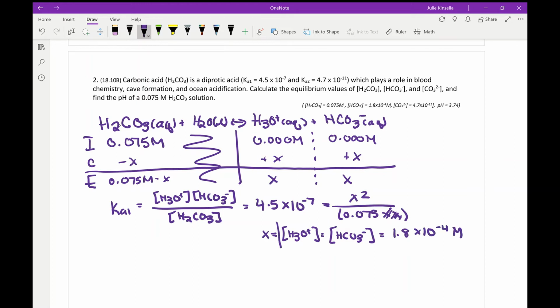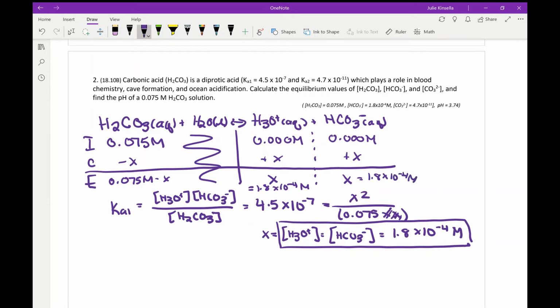Okay, so that's some of the information we were looking for there. And again, I always go back, if I remember, and fill in those values. If you actually do plug it in in this case, you end up with the same amount, which I think was one of the values they were actually looking for up above.